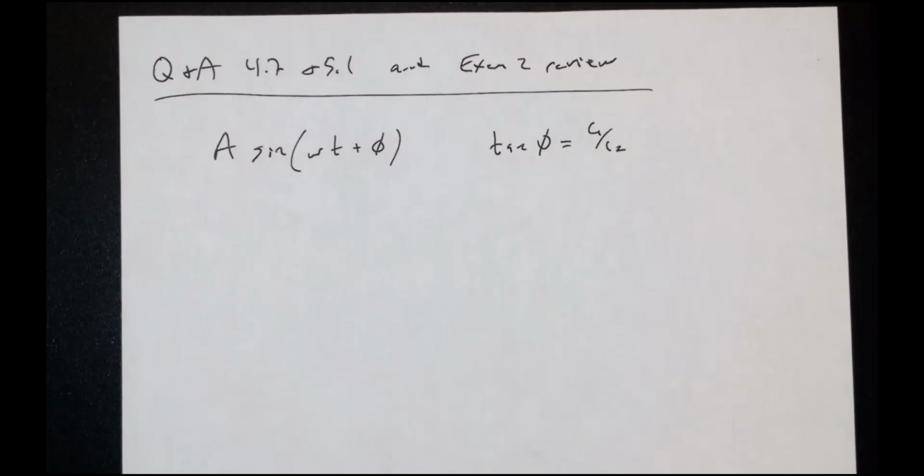I just remember it because cosine goes with cotangent. It's the only way I can remember that setup. But even then, I write this formula down.